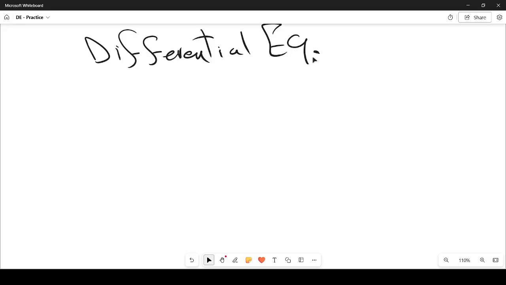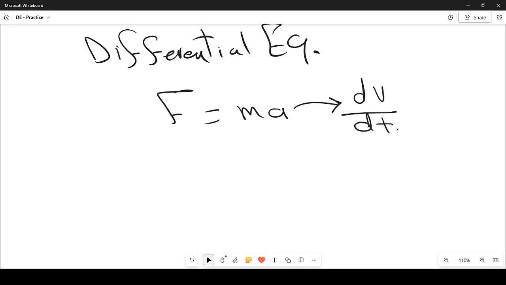Okay, so let's start by taking a real physical equation, which is Newton's second law of motion, which states that force equals mass multiplied by the acceleration. And it's quite apparent that the acceleration is the rate at which the velocity changes with respect to time, so it's the first derivative of v, for velocity, over time.